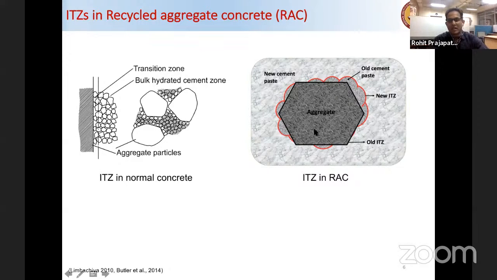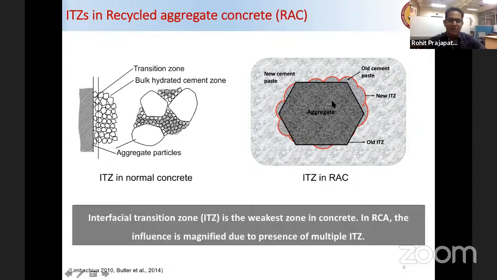But in recycled aggregate concrete, you have multiple ITZs, between the new cement paste mortar or the old adhered mortar and the stone. We know that ITZs are the weakest zone in the concrete, so this influence is magnified in recycled aggregate concrete, given the presence of multiple ITZs.